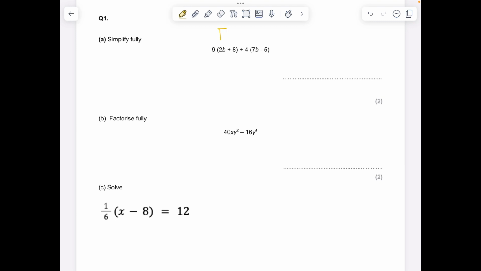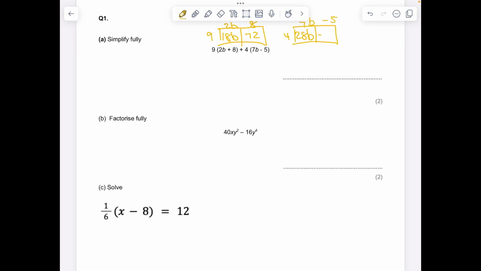and that's absolutely fine. So I'm going to do 9 times 2b, which is 18b, 9 times 8, which is 72, and then the next one is 4 times 7b, which is 28b, and then 4 times minus 5.